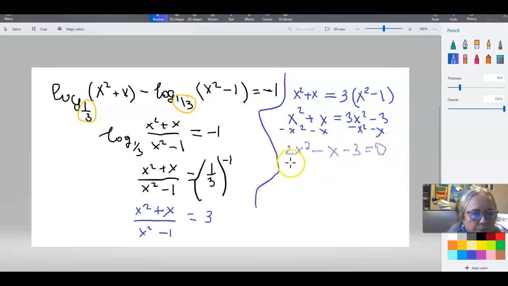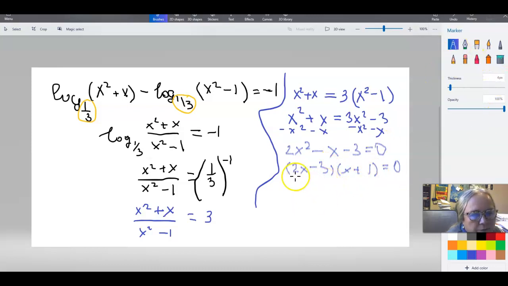Now I have to solve this quadratic equation. It's easy to solve by factoring, so we have 2x and x, and 3 is a prime number, so we need to figure out which way will be correct for us. I think negative 3 here and positive 1. So 2x squared plus 2x minus 3x gives you negative x minus 3.